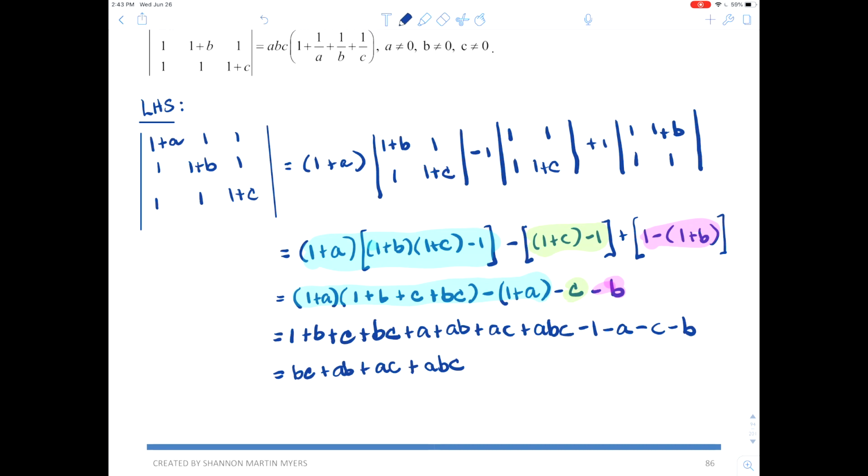All right, well, we've been given that a, b, and c are non-zero, right?